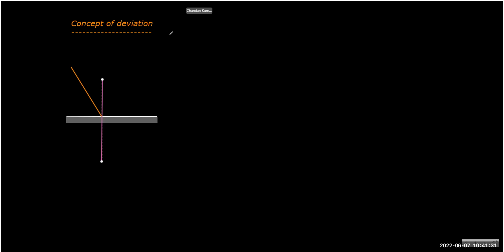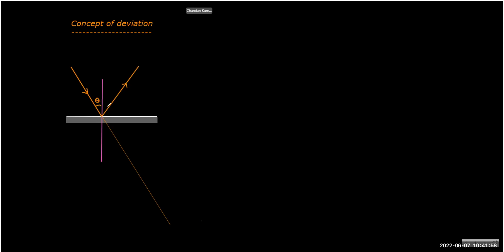So what is the role of the mirror? What does the mirror actually do? If there is no mirror, what will happen? The light ray will continue like this. So this is called the expected path of the light ray. Now the presence of the mirror in its path will change the path of the light, of course, using the concept of reflection.